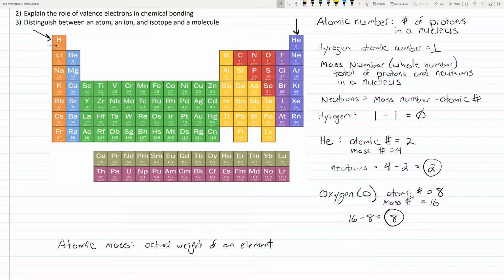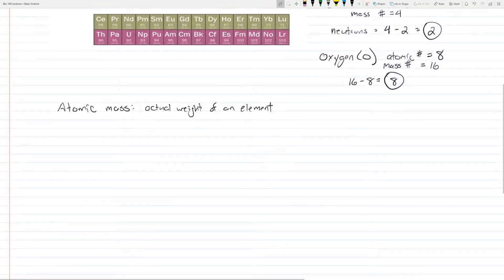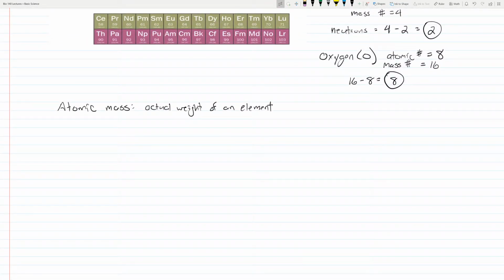When you have an element that has a differing number of neutrons, that is called an isotope. An isotope is an element with different neutron numbers. So let's use hydrogen as an example.